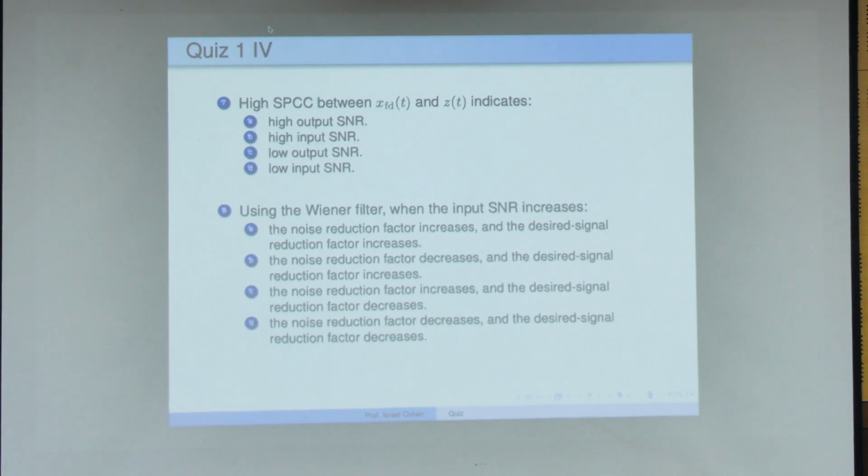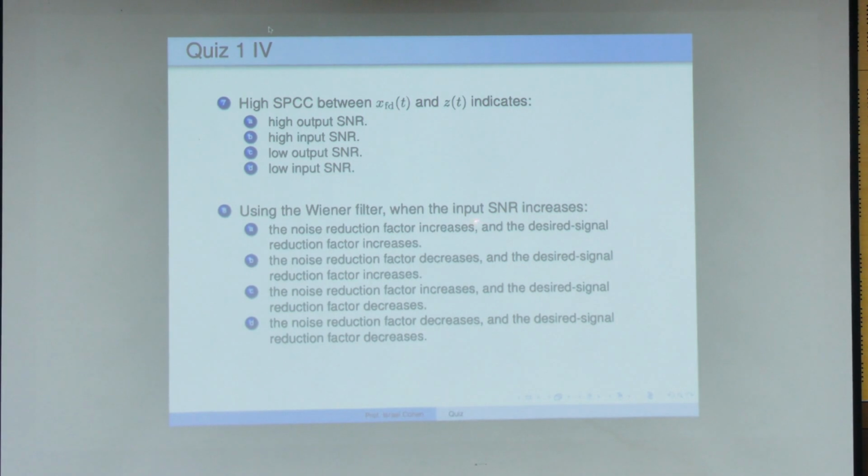The next one, eight. Using the Wiener filter, when the input SNR increases, A, B, C, D. Last one, D. Okay, let's see. With the Wiener filter, the input SNR increases, so the noise reduction factor decreases and the desired signal reduction factor decreases. So both decrease.